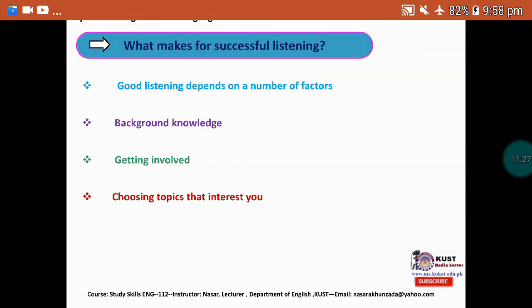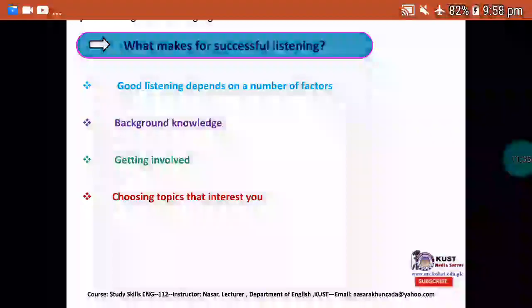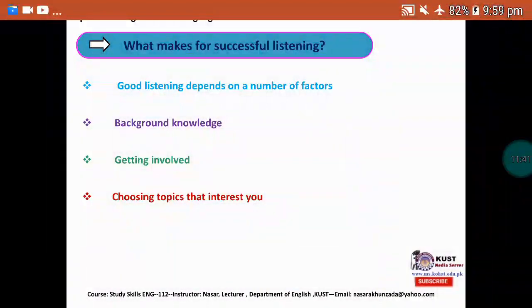If you have a choice of tapes in the language laboratory, go for those where the topics are stimulating to you. Select radio broadcasts or television programs on topics you like. These need not be related to your studies.